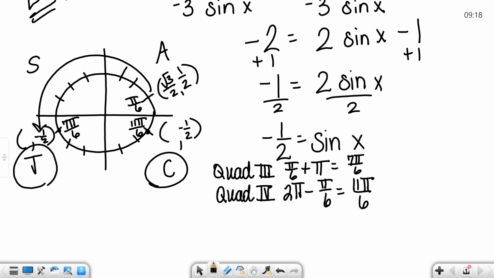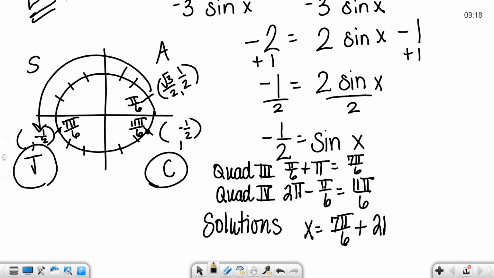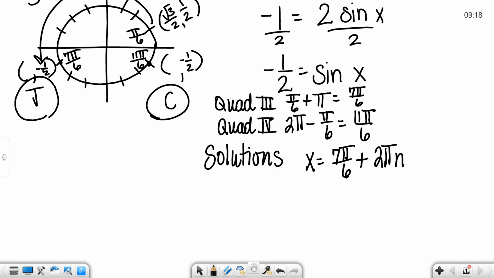That's what we were looking for. Now it said solve. It did not give me a range, so my solutions are not just 7 pi over 6 and 11 pi over 6. My solutions are x equals 7 pi over 6 plus the period times any multiple, so n.